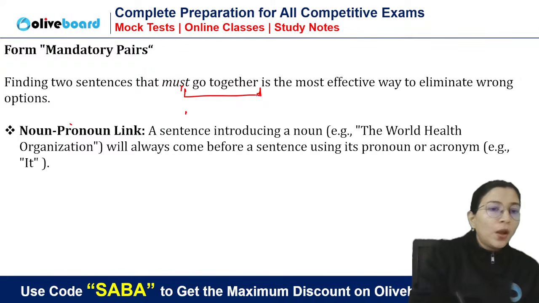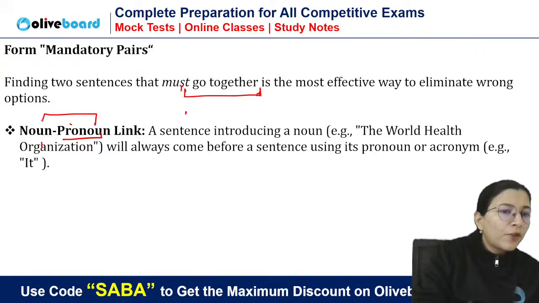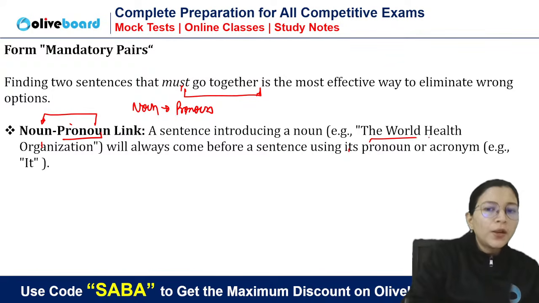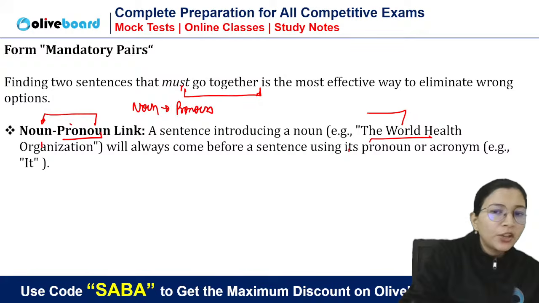See, we cannot start with a pronoun, but we know that a pronoun will refer to a noun. So can't we say that noun and pronoun should come together? We can form this noun and pronoun pair. Like if it is given the World Health Organization, before organization we always use the, so we can start with the. And in the next sentence it is given it.